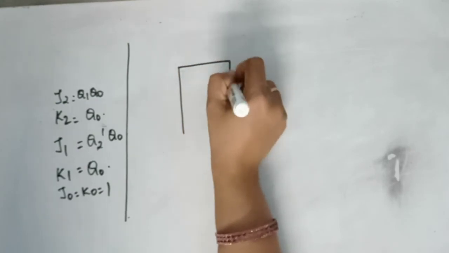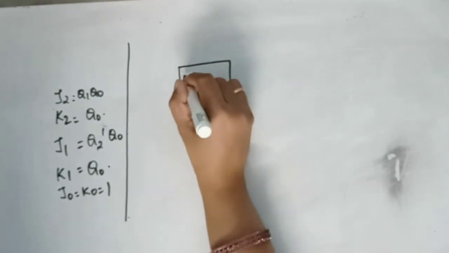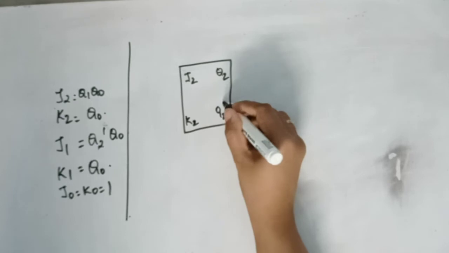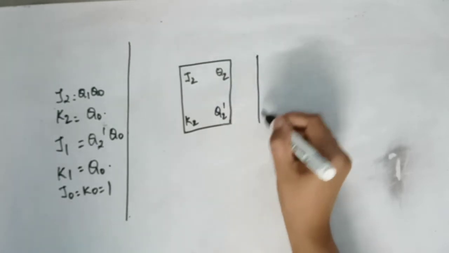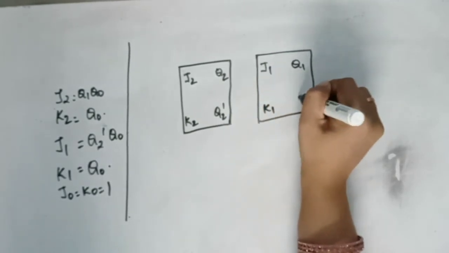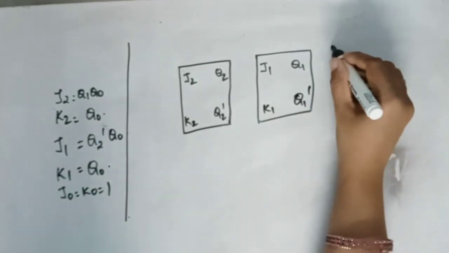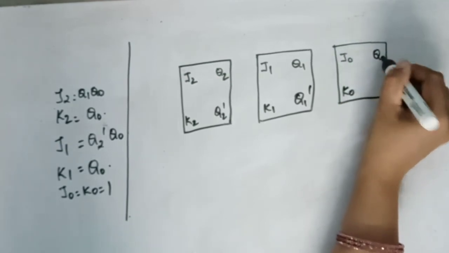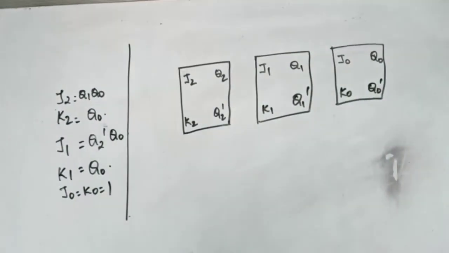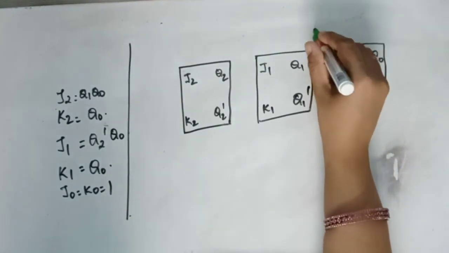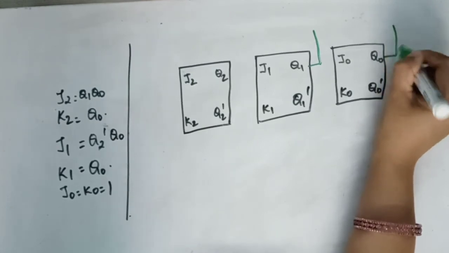So how do you do that? J2, K2, Q2, Q2 bar, J1, K1, Q1, Q1 bar, J0, K0, Q0, Q0 bar. Yes. So J2 is Q1, Q0.